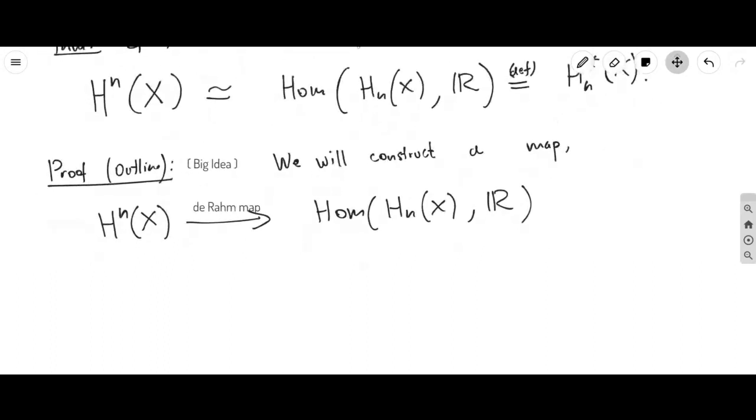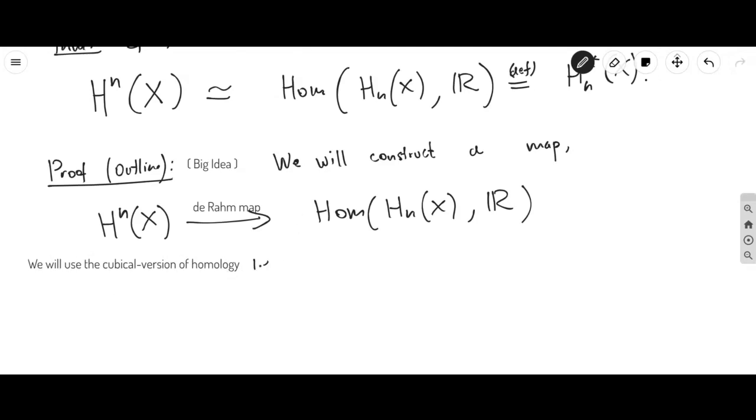Now, let's say this. Now, usually, okay, maybe I should take this back. We will use the cubical version of homology. So what do we mean by the cubical version?